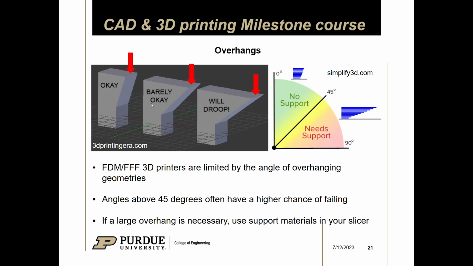But as you go further and further away, it becomes a lot harder for the printer to reproduce. Typically I like to keep most of my designs at a maximum of 45 degrees. Obviously, sometimes certain designs will need something else, but the more aggressive you are with these overhangs, the more likely your print is to fail.